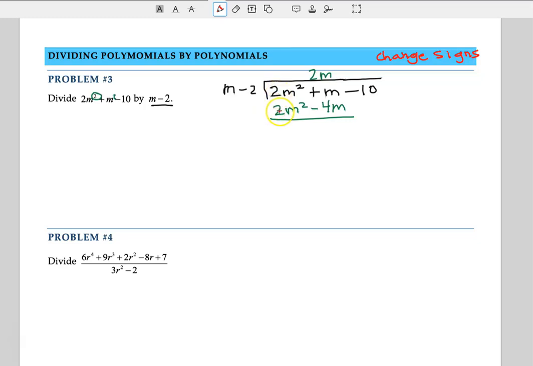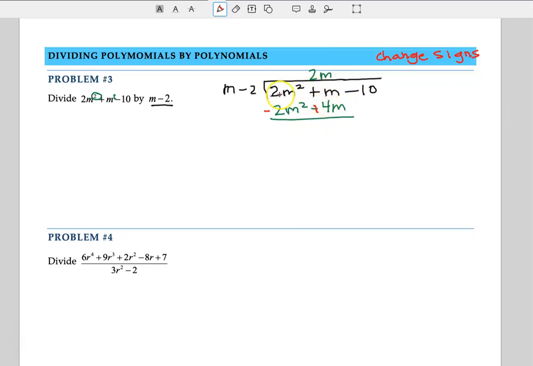So if I'm trying to subtract, that's going to make that a negative 2m squared. But I can't forget about this guy too. If I subtract a negative 4m, that gives me positive 4m. So basically, I'm changing the signs of both of those terms before I combine these together.